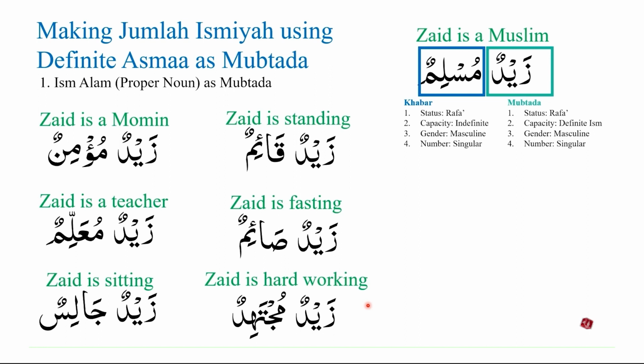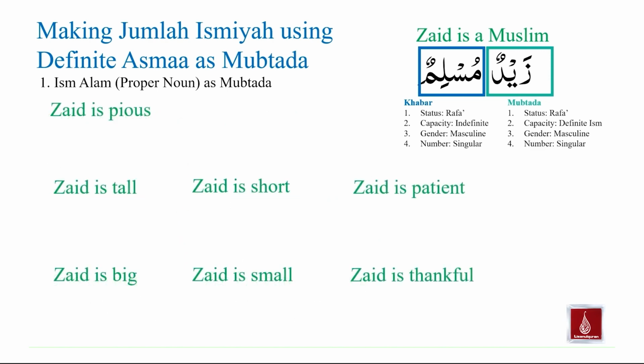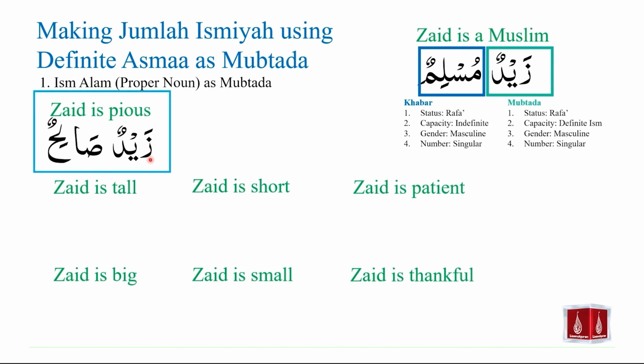In all of these examples, Zaidun represents mubtada, and the corresponding khabar in each case meets the requirement for it to be khabar. Therefore, all of these are proper examples of jumla ismia. Moving forward, Zaid is pious. Zaidun salihun.